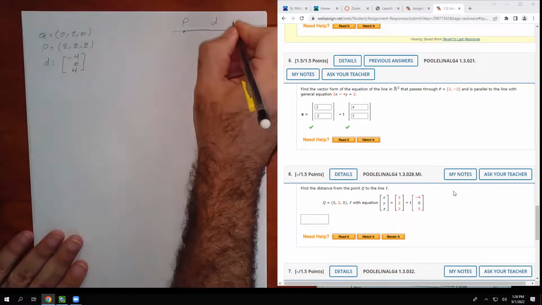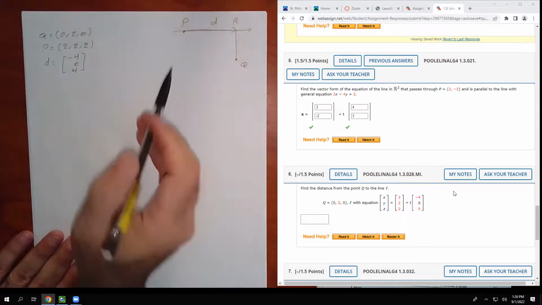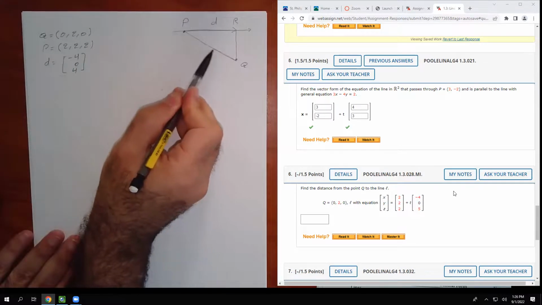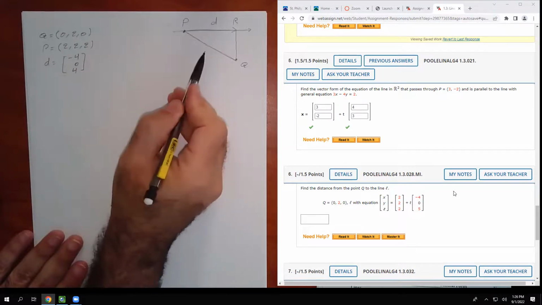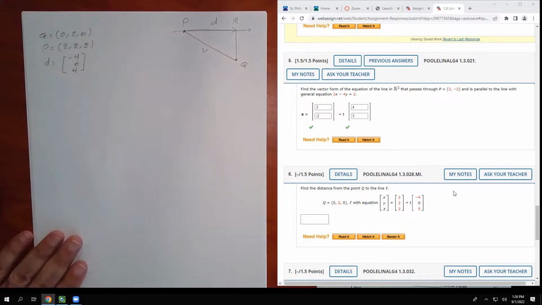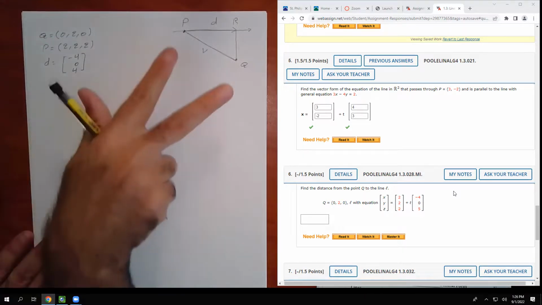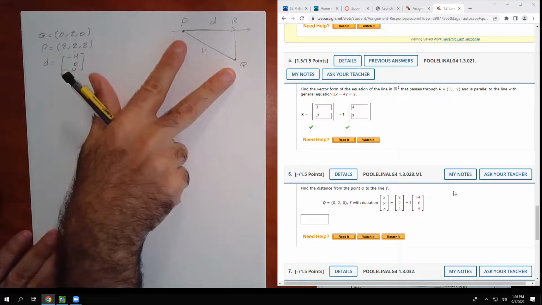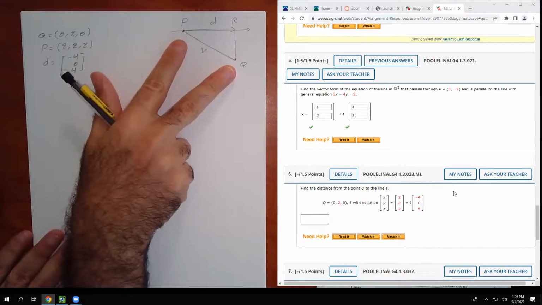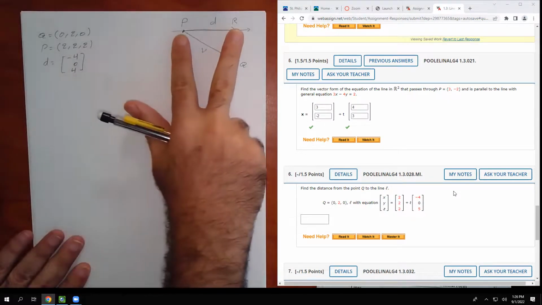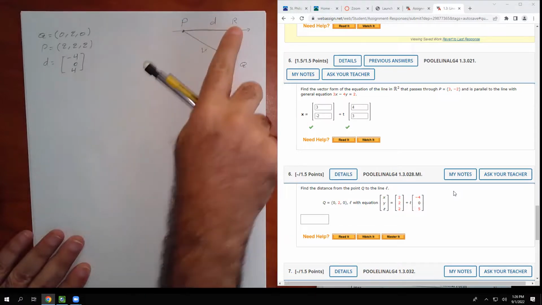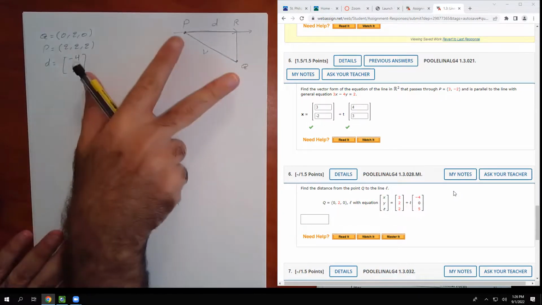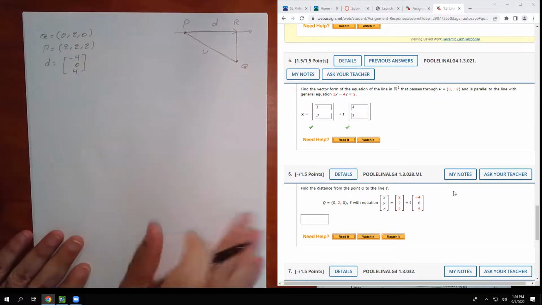Let's assume that this is the point R, and here's a vector V. I have this one, I can find a vector V. We need to find the distance here. We're going to use the projection. The distance is going to be the projection of V onto PR.